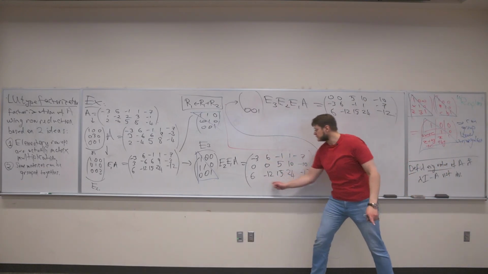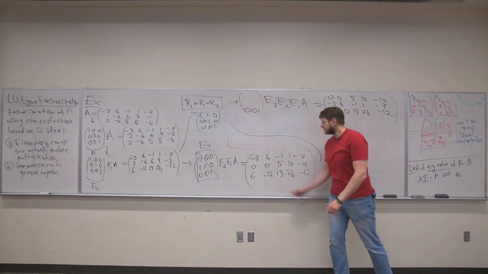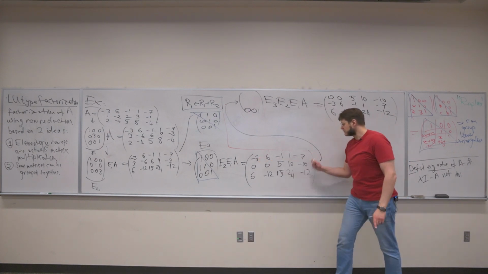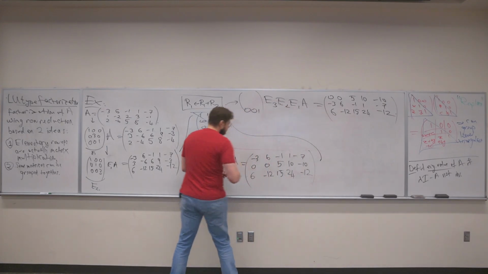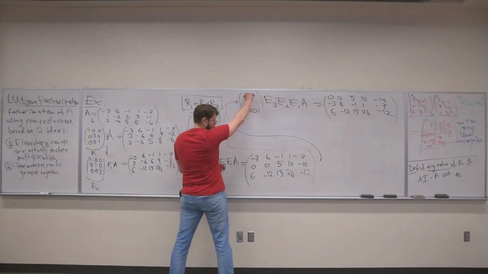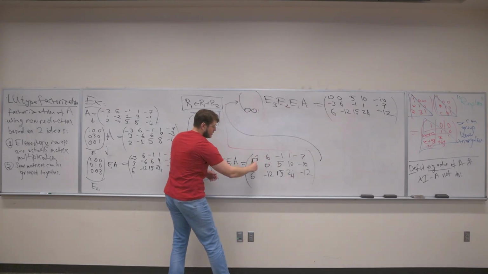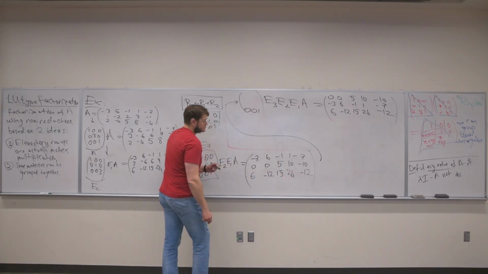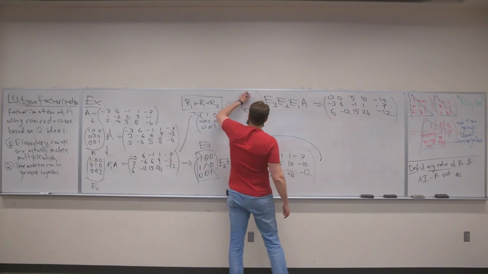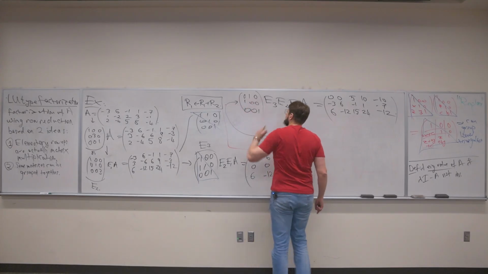Out of this, to get, instead of this as the first row, what do I need? I'm going to take the first row here, and somehow it should pick out the second row of the original matrix, which means that this should be like this, and this should be like this.